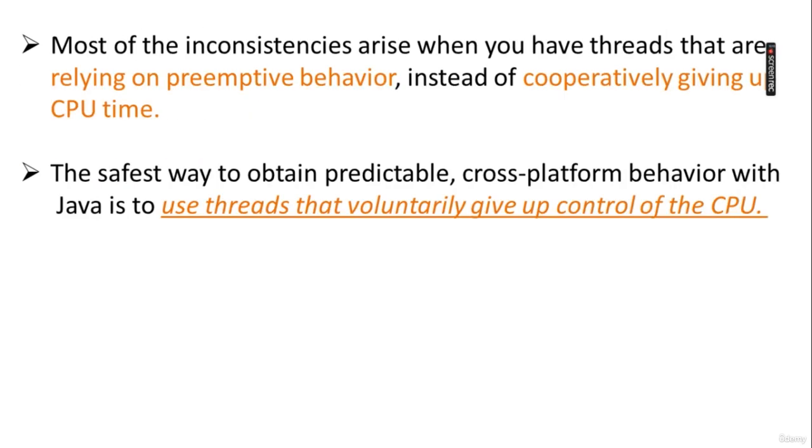Most of the inconsistencies arise when you have threads that are relying on preemptive behavior instead of cooperatively giving up CPU time. When there is an operating system where a thread is dominating the CPU, one thread is going into the CPU and not coming out, not relinquishing control, and not giving CPU time to the other threads that are waiting.